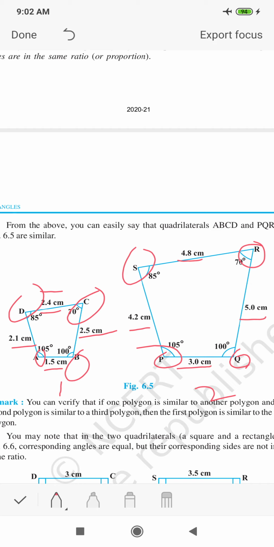That's why polygon 1 and polygon 2 are similar to each other. They are not congruent. Why not? Even though their angles are equal, they are not congruent because their sides are not equal. Sides are not equal, but they are in the same ratio. That's why these two figures are not congruent, but they are similar to each other.